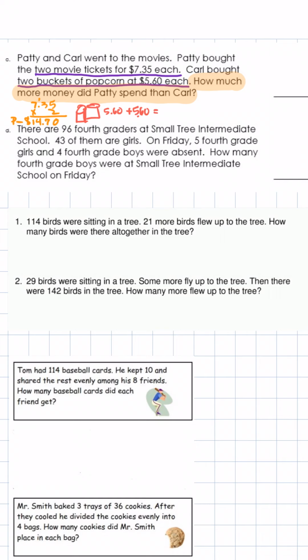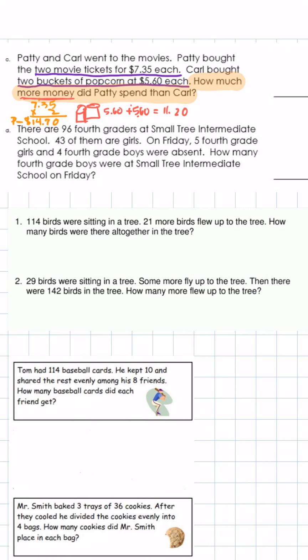So if we add those two, 0, 12, 10, 11. So Carl spent $11.20. So now it's asking us how much more.